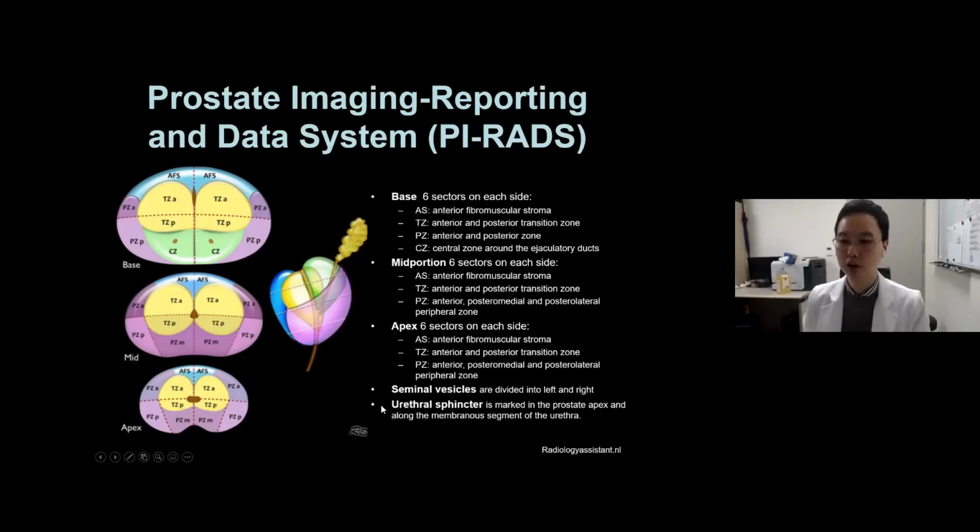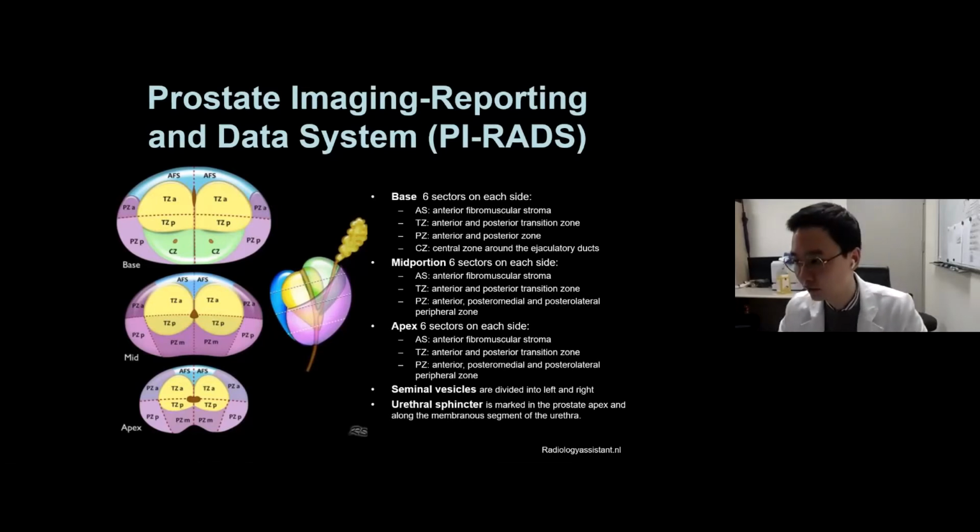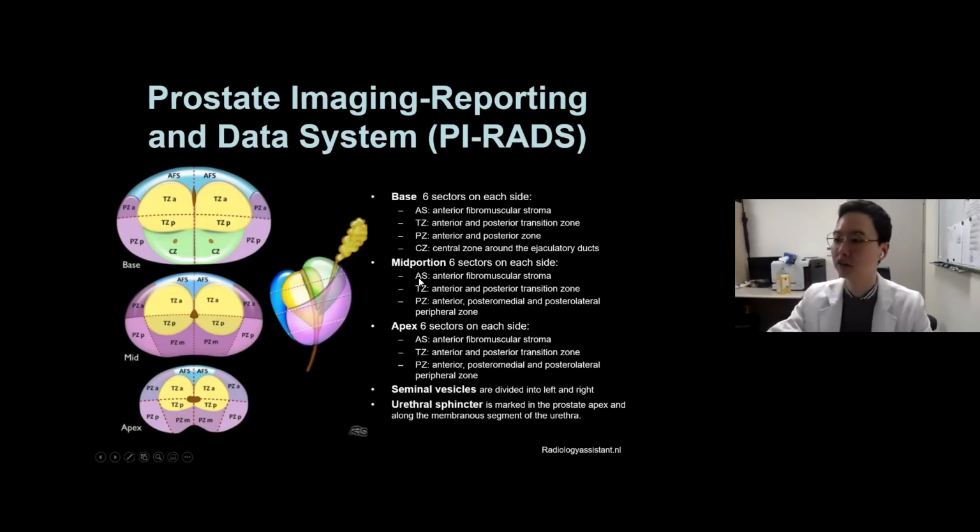So in total, it is divided into 39 sectors. And then you can refer to it, as in a PI-RADS score of 3 in the anterior fibromuscular stroma, an AS lesion in the mid portion. Then you can imagine the location of the tumor.